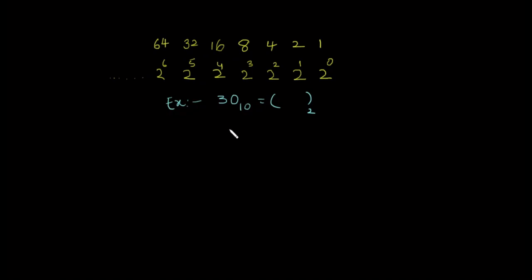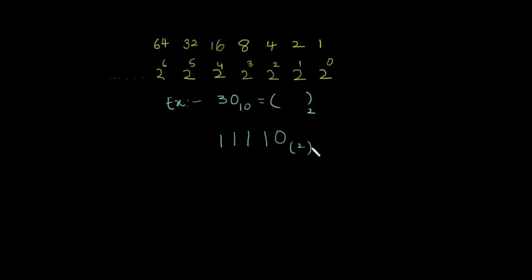For example, 16 plus 8 is 24, 24 plus 4 is 28, 28 plus 2 is 30. So in those positions I write 1: 16 is 1, 8 is 1, 4 is 1, 2 is 1, and for the remaining position I put a 0. So straight away this becomes the binary form of 30.